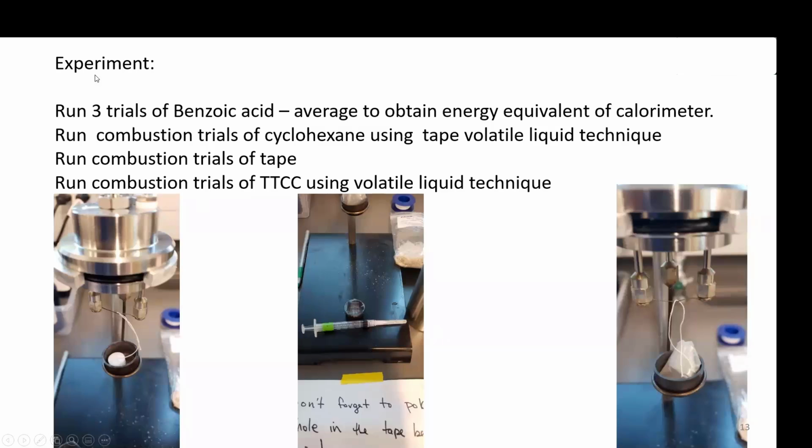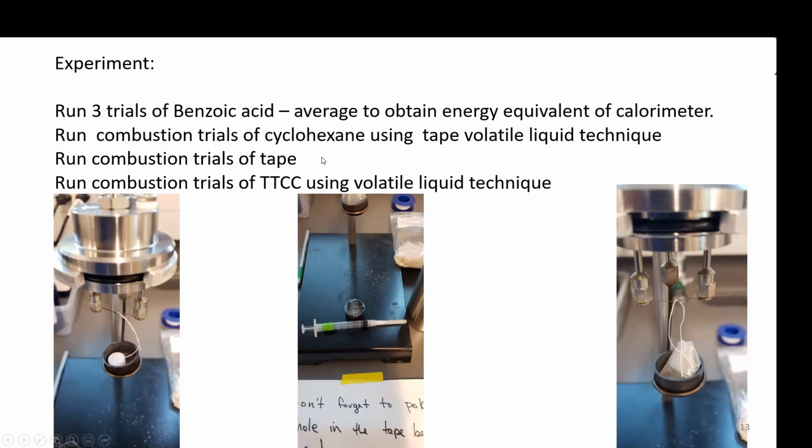Okay, so in the experiment, you'll need to run 3 trials of benzoic acid to calibrate the bomb. And then when you calculate the W values, you can run combustion trials for cyclohexane using the volatile liquid technique.